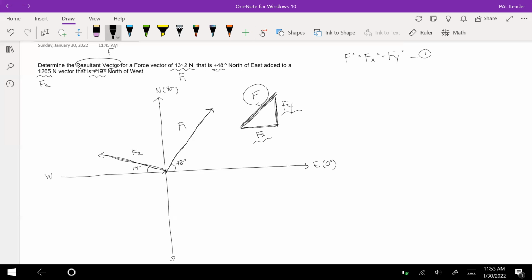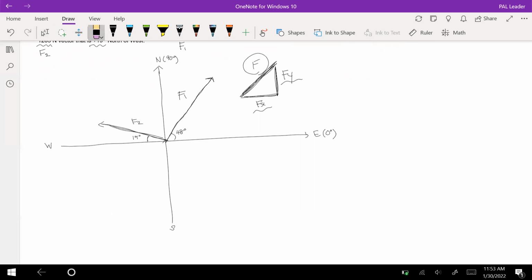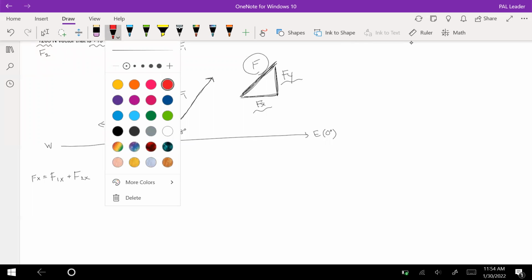So let's find Fx. Fx is the sum of the x components, where it's going to be the x component of F1, F1x, and the x component of F2, F2x. We haven't found the arrows yet, so let's do that.